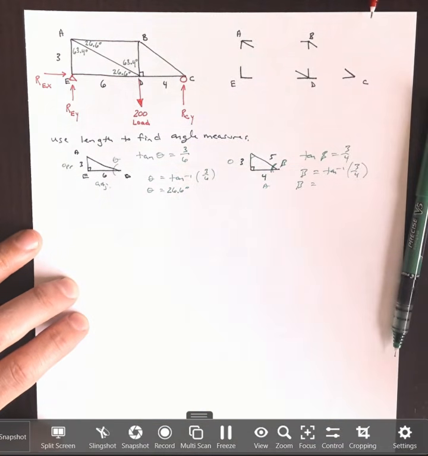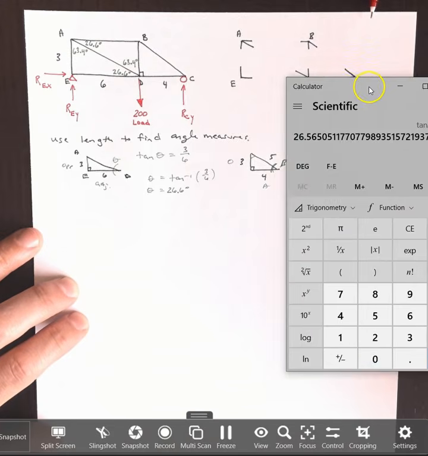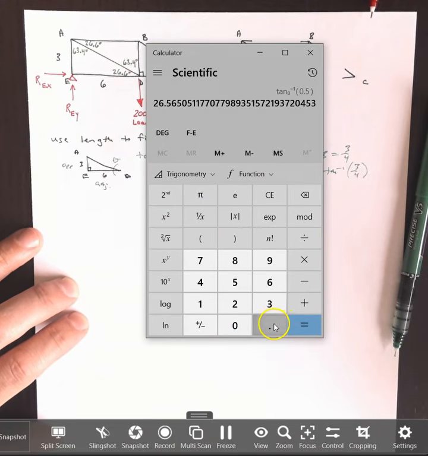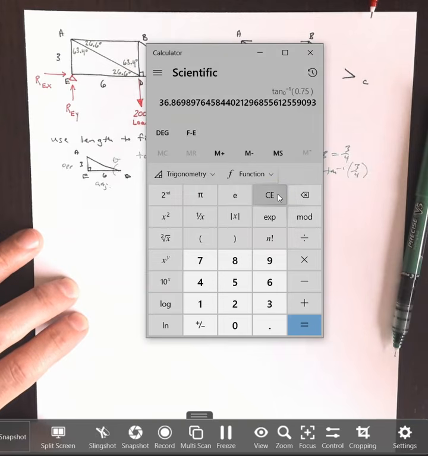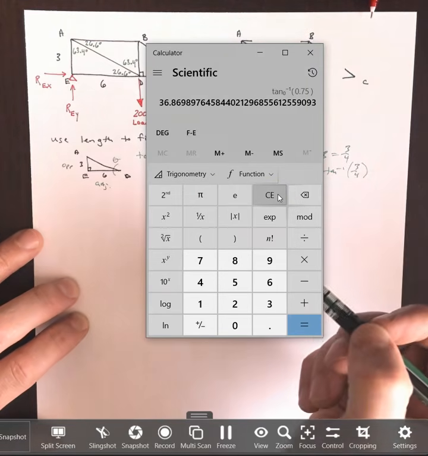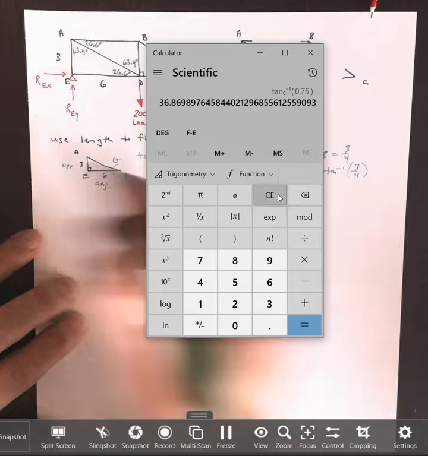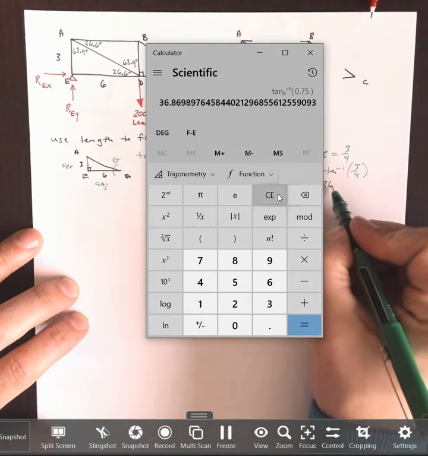So bringing my calculator back over, I'm going to have 0.75 on the screen, and then I'm going to use the inverse tangent of the 0.75, and rounding this is 36.9. Excuse me for my dog in the background.